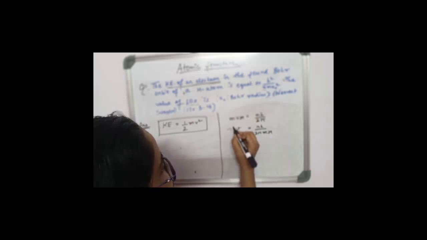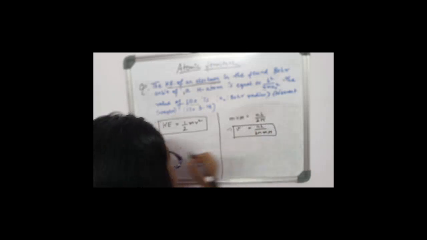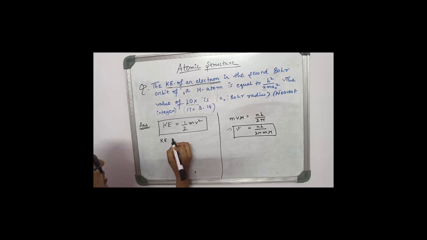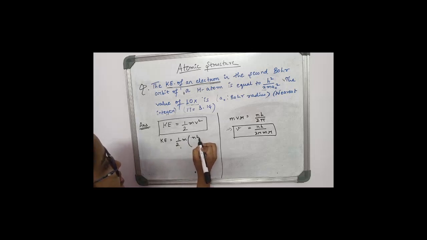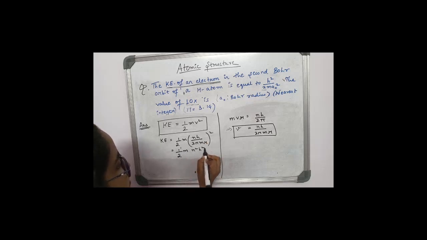So from this, we get the value of v, which is nh by 2 pi m r. We substitute this value of v in the kinetic energy equation to get half m into nh by 2 pi m r whole square. We take this down: n square h square by 4 pi square m square r square.